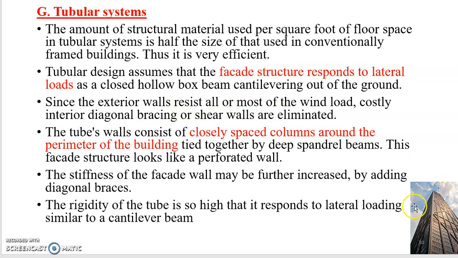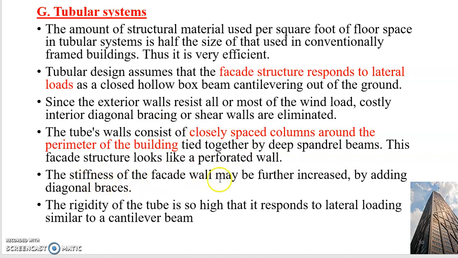Here we can see a small figure representing a tubular structure. The building looks like a tube, and the whole arrangement of floors will be inside the tubular structure, and it may have closely spaced columns around the perimeter of the building tied together by spandrel beams, meaning thicker beams.